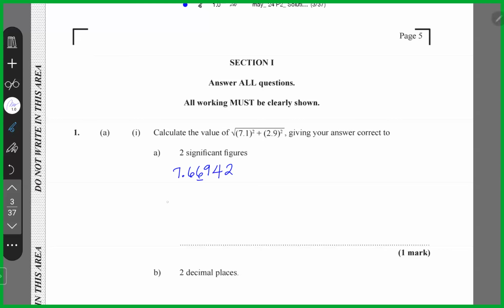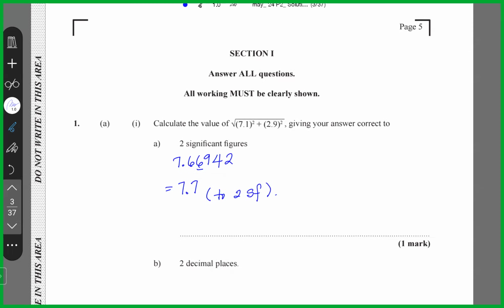So if I add 1 to this, it becomes 7.7 to 2 significant figures. So the value of the square root of 7.1 squared plus 2.9 squared to 2 significant figures is 7.7.